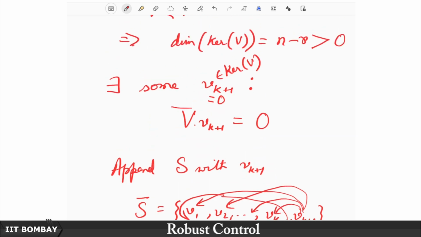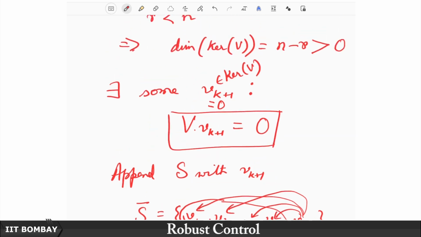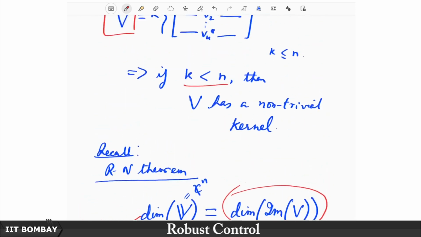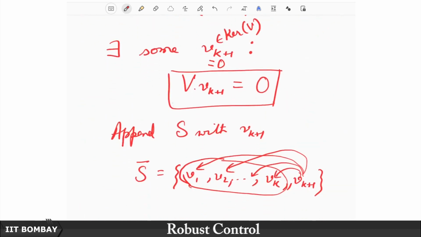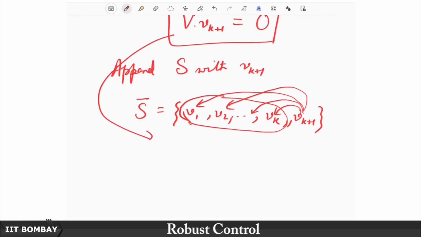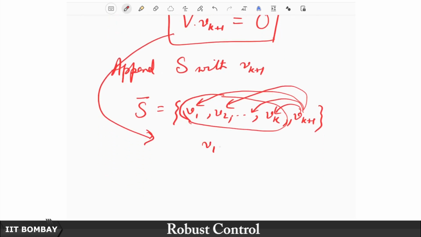Why? Because of this. What does this mean? Now, look at the structure of V here. If you are writing this step, this essentially means that you are saying V1 star, V2 star, dot dot dot till Vk star times Vk plus 1 is equal to 0.